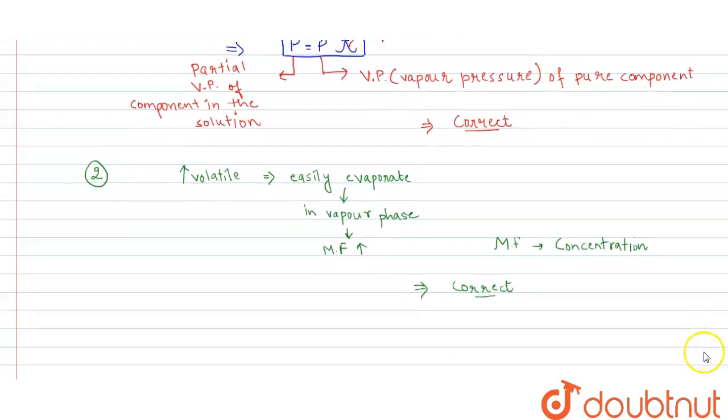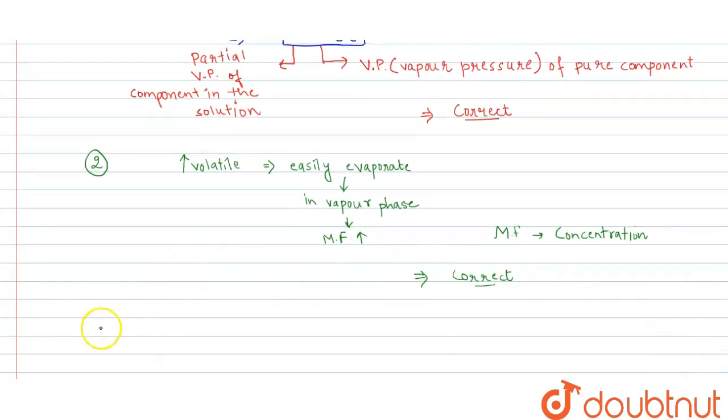What is the logic behind it? If we are talking of the pressure of a solution containing a binary solution, then the total pressure of the solution is equal to the partial pressure of component A plus the partial pressure of component B.